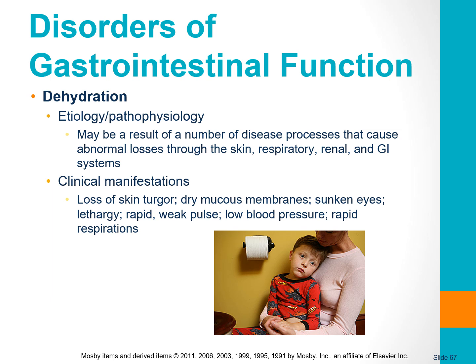But ultimately, it is an abnormal loss of fluid through the skin, respiratory, renal, or GI systems. It manifests with loss of skin turgor, dry mucous membranes, sunken eyes, lethargy, rapid weak pulse, low blood pressure, and rapid respiration.